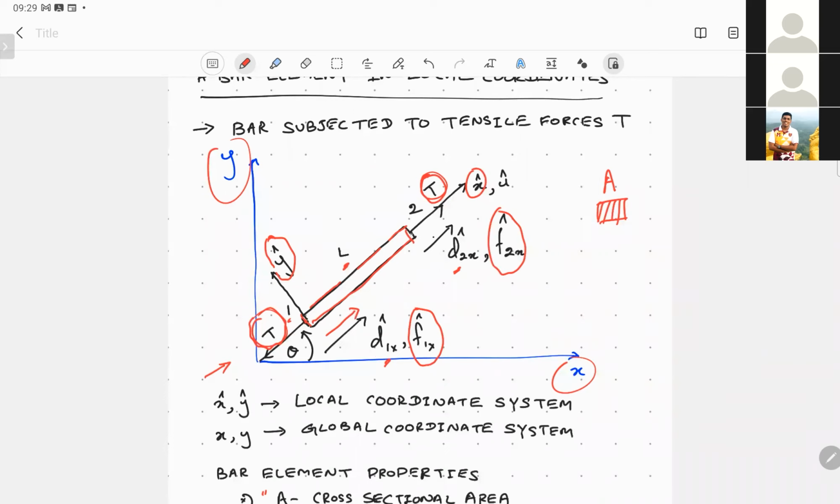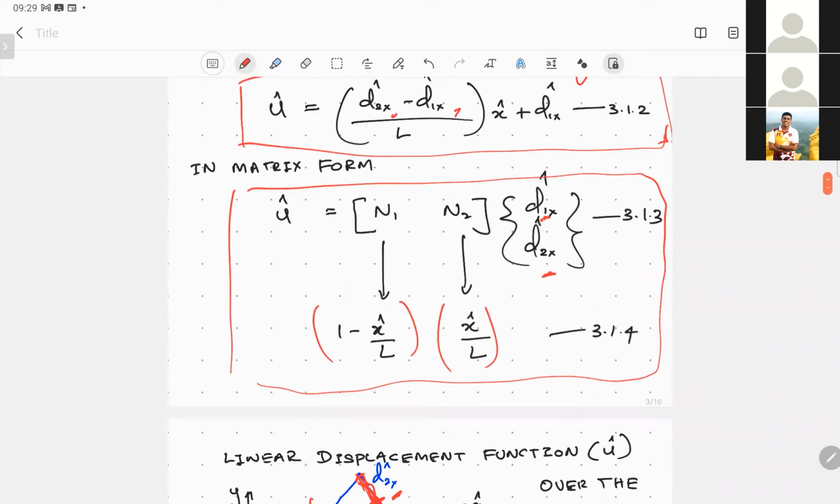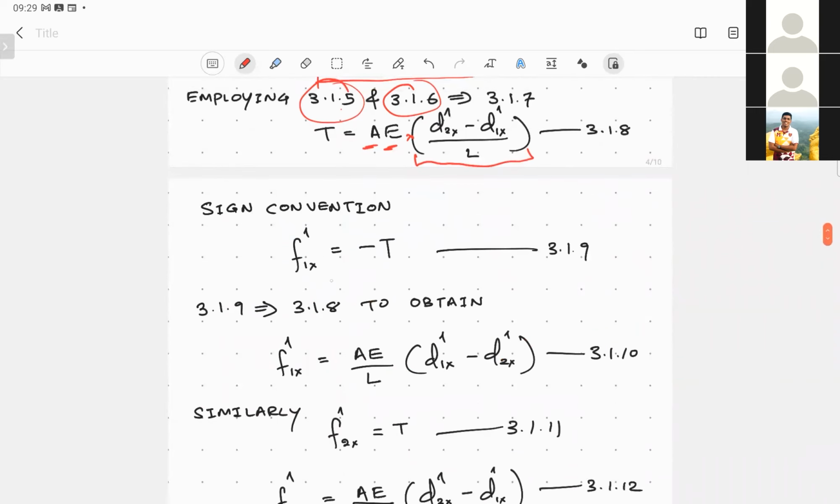But when we consider node 2, F2x hat and T at node 2 have the same sign. So keeping that in mind, let's now apply the sign convention at node 1. So F1x hat is equal to minus T.